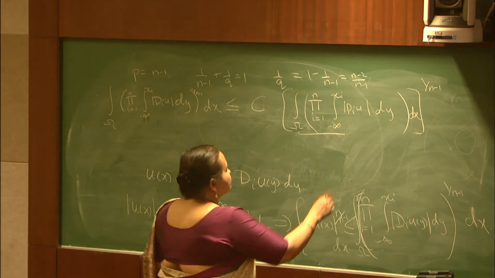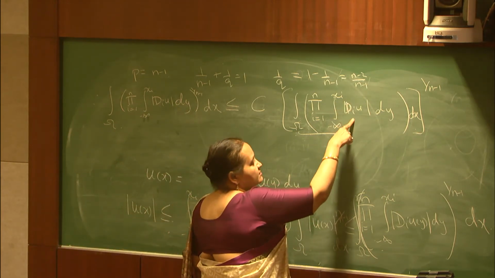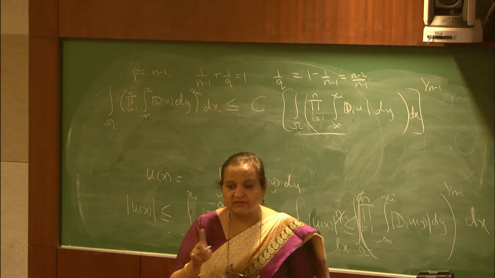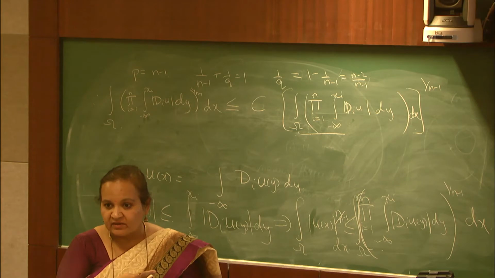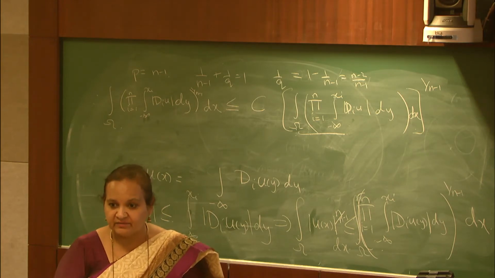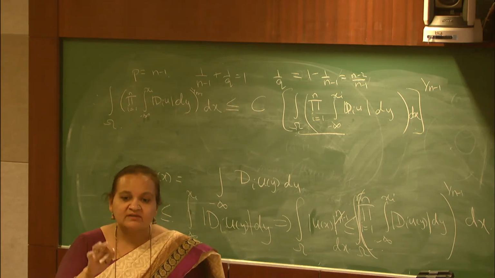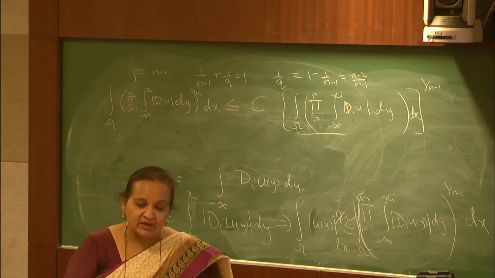So here, each of these single partial derivative is going to be less than individual norms of your gradient vector. You can use your sum norm, right?